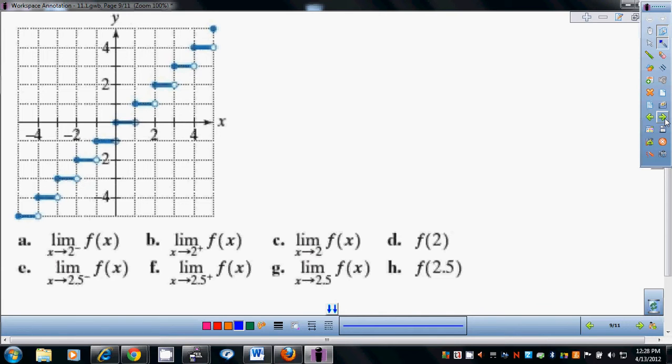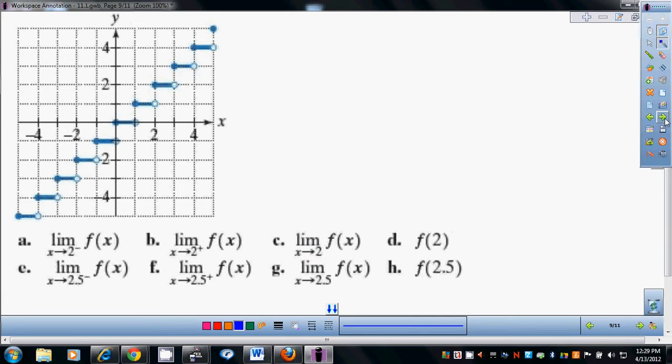Let's see. As X approaches 2 from the left-hand side, it would be 1. Very good. Brittany, what about B? Close. This one's tricky.